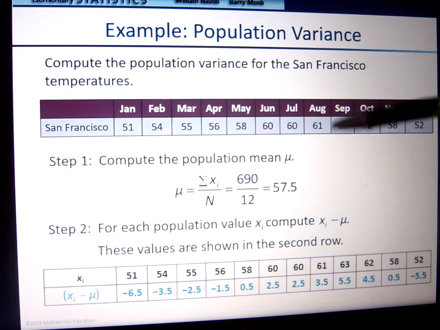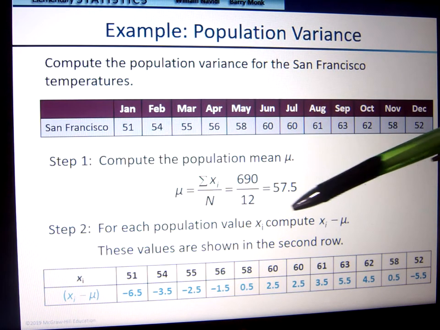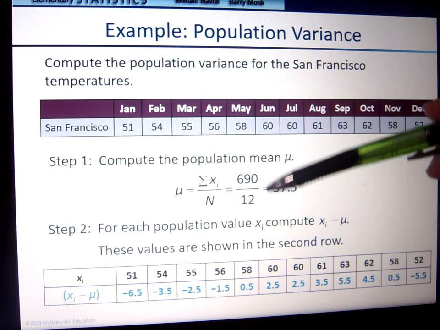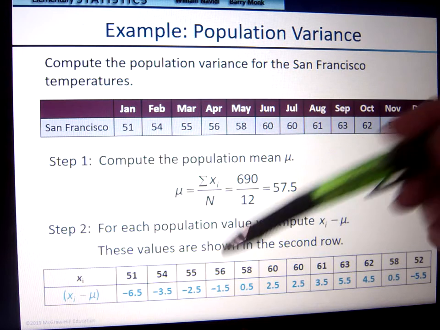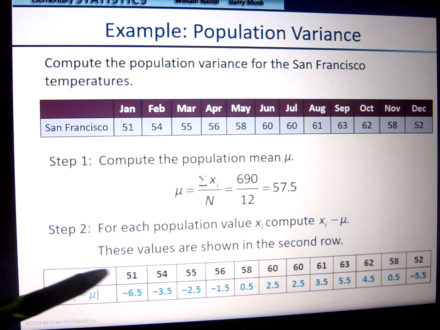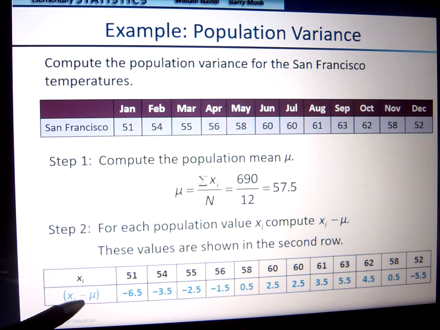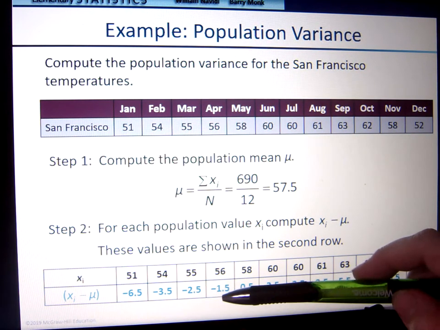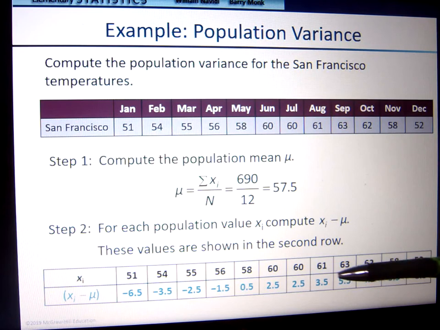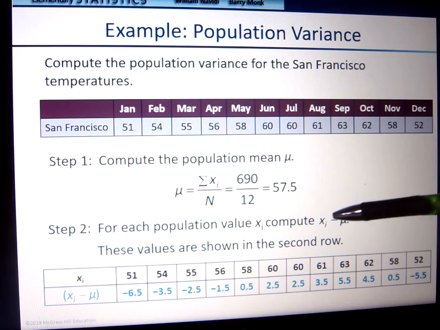For each population value, x sub i, we have the mean, here we have each number, and then we take every piece of data and subtract it from the mean. This is the difference right here. Each piece of data subtracted from the mean.